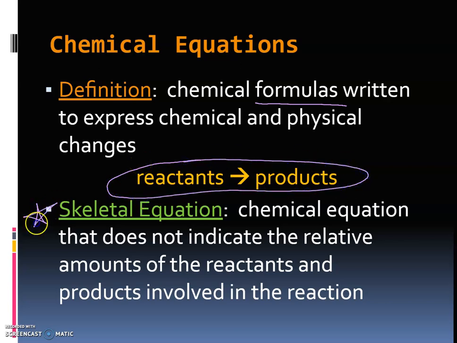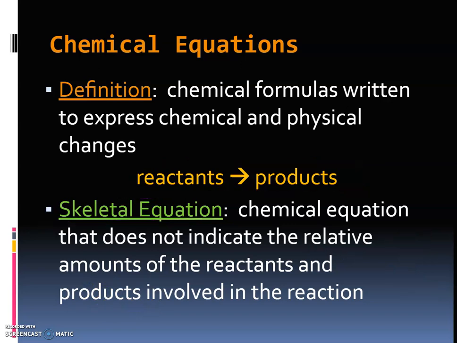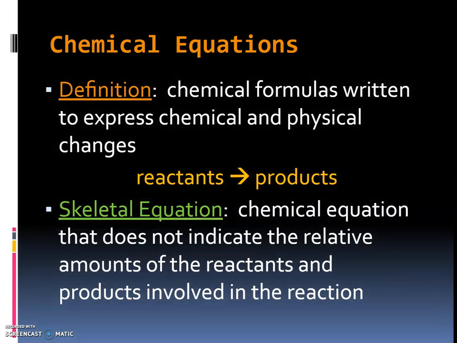And what we're going to start off with are these skeletal, bare bone equations. So skeletal equations tell you what, but not how much. So it is up to you to show the relative amounts by balancing them. Okay, and we'll get to that in the next couple of videos.